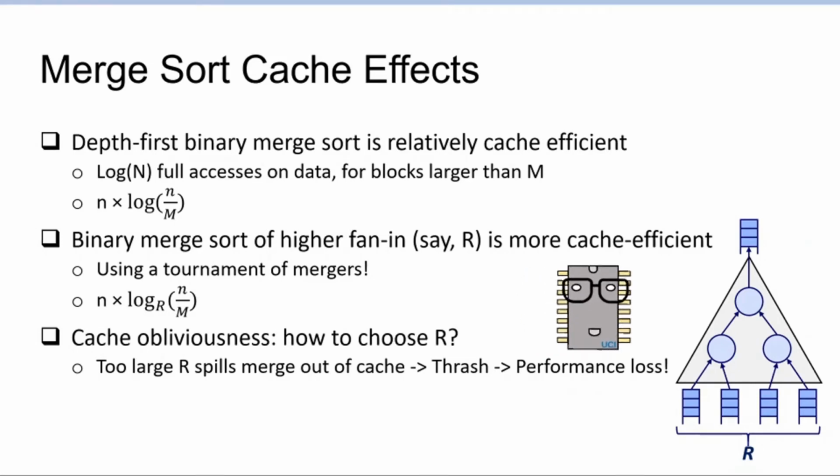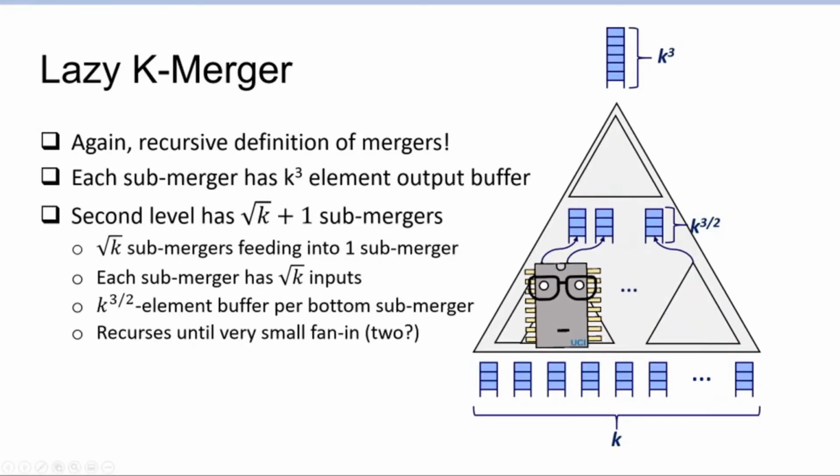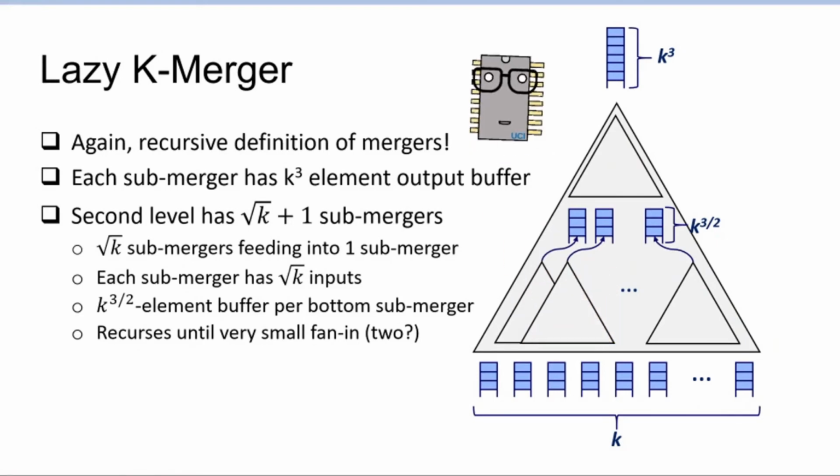So to do an analysis of this, we can first talk about the topic of a lazy K-merger. A lazy K-merger is a recursive definition of a merger, as usual.